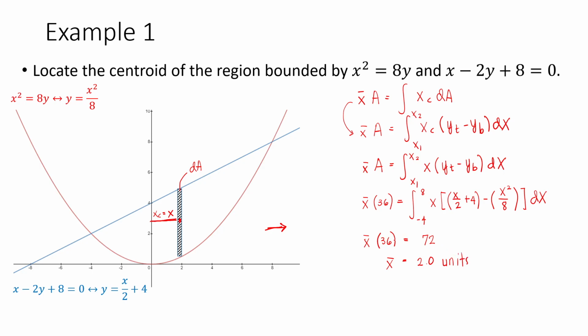It's not square units because again, the location of the centroid is a distance, right? It is in units of distance. So that's how you solve bar x.